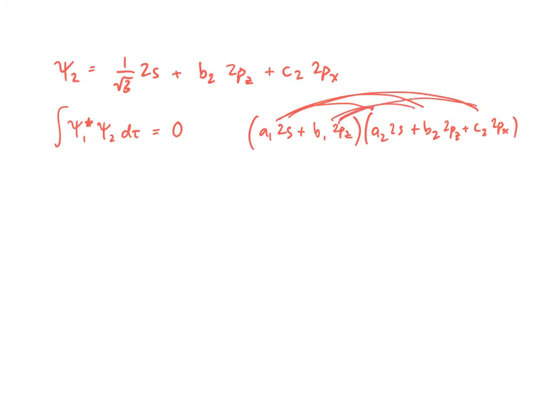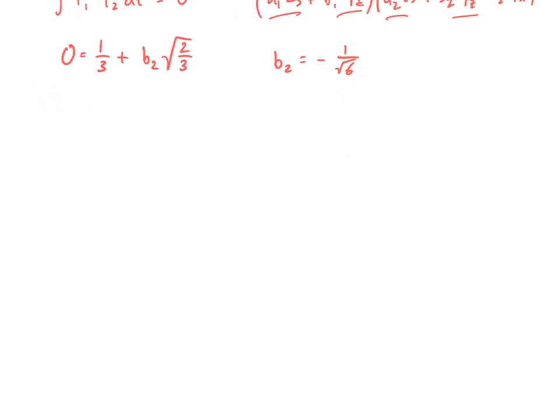And then once you do that, and then integrate over all space, you'll see that only this one times this one will not equal 0, and also this one times this one will not equal 0. And once you perform all those integrals, then we can say 0 equals 1/3 plus B2 times the square root of 2/3. And then if we algebraically rearrange this, we find that B2 just equals negative 1 over the square root of 6. And there we found B2 by taking advantage of the orthogonal nature of psi1 and psi2.